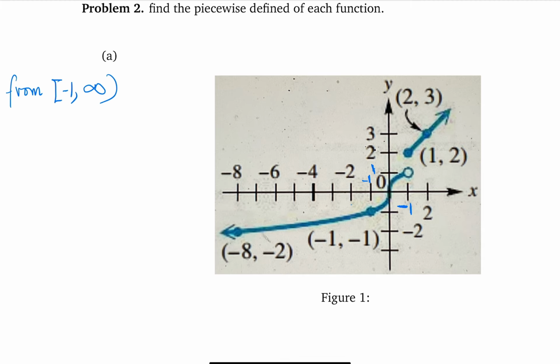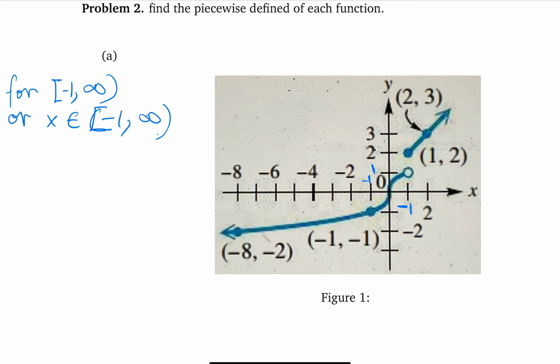Or you can write it like this, for x inside -1 and infinity.